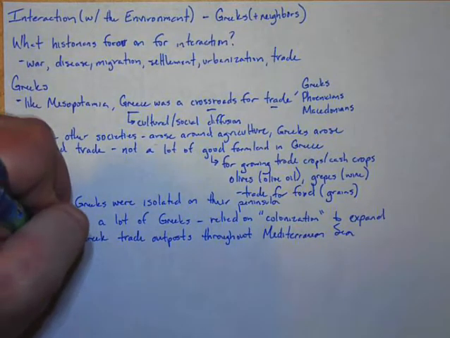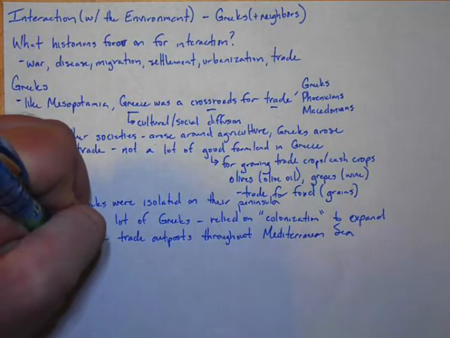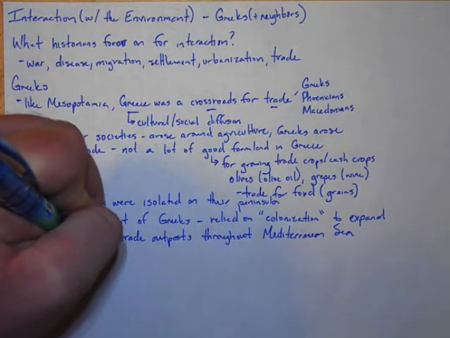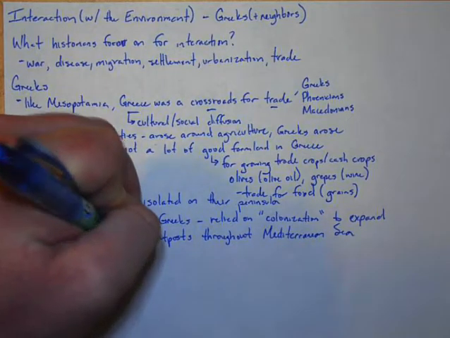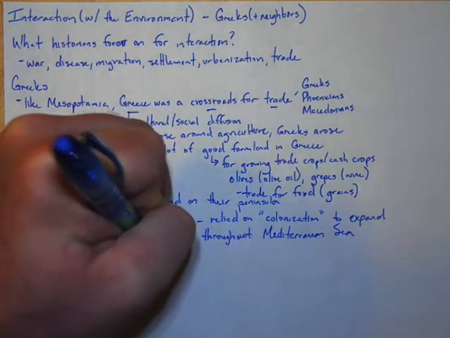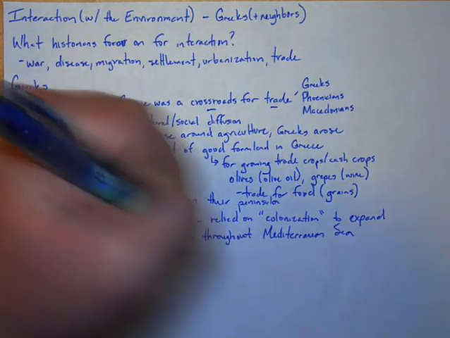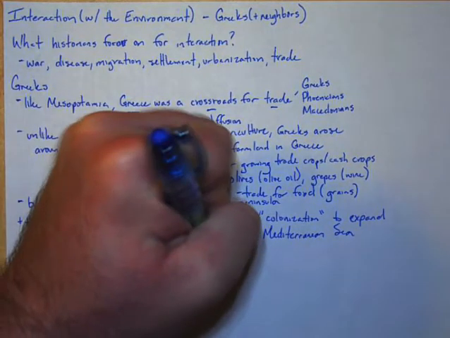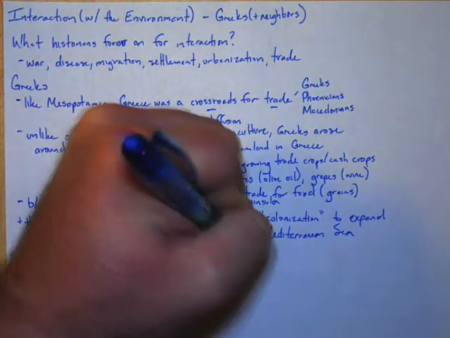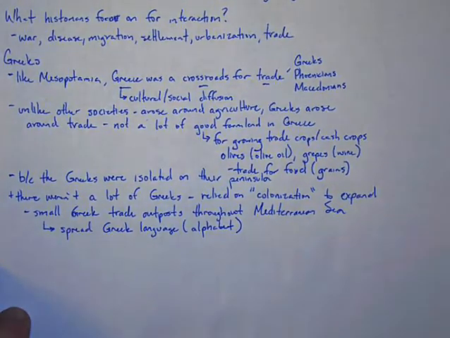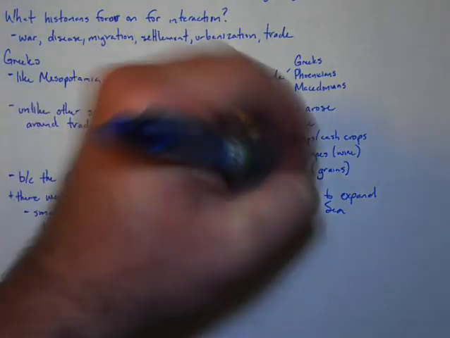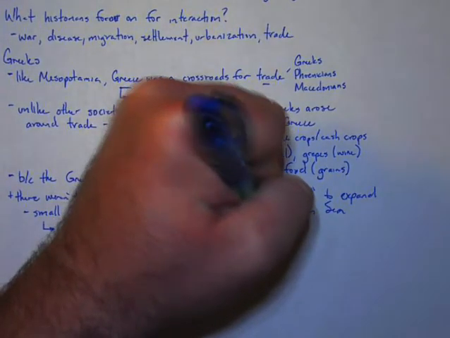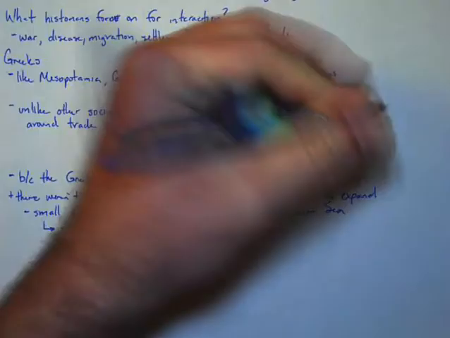But by doing so, this would also help spread the Greek language, and specifically the Greek alphabet. More on that in a second. They would spread the Greek language, they would spread Greek religion, and Greek culture.